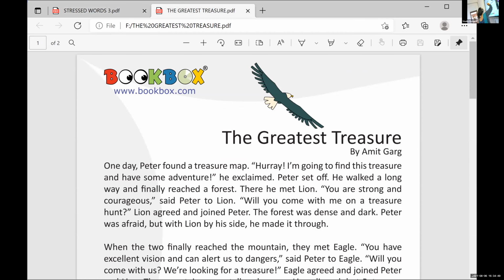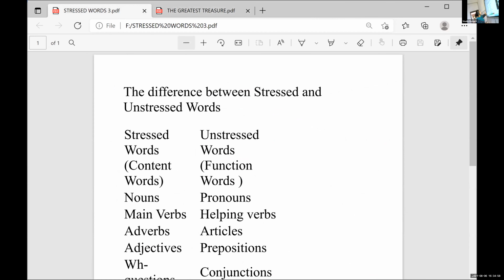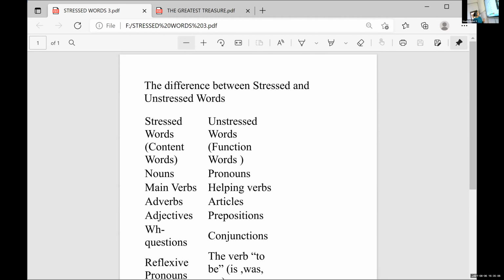Okay, so again, the difference between stressed and unstressed words, this is what we learned in the last class. Stressed words are the content words like nouns, main verbs, adverbs, adjectives, WH questions, and reflexive pronouns like himself, yourself, themselves, herself.